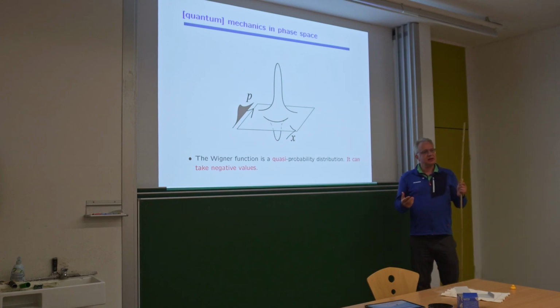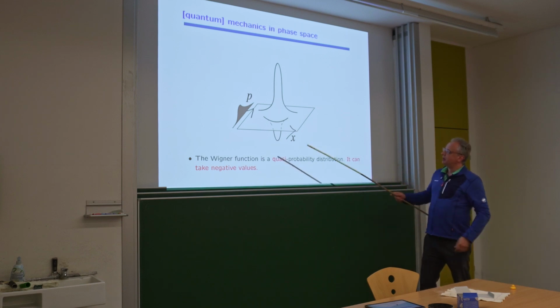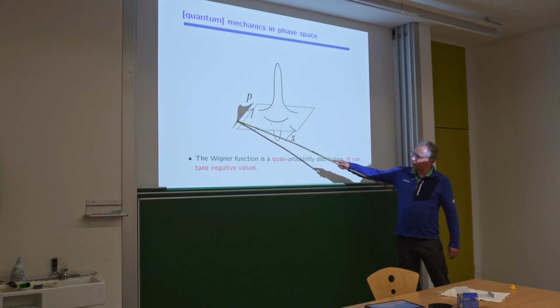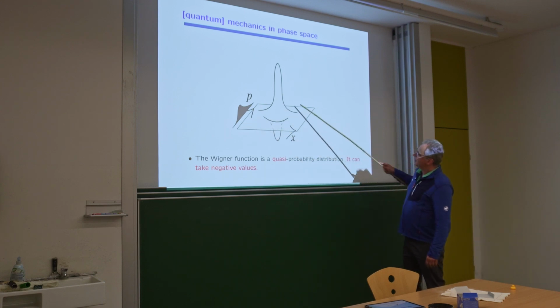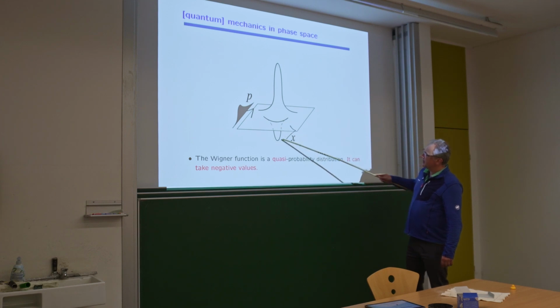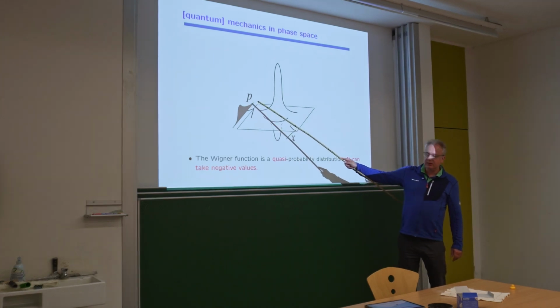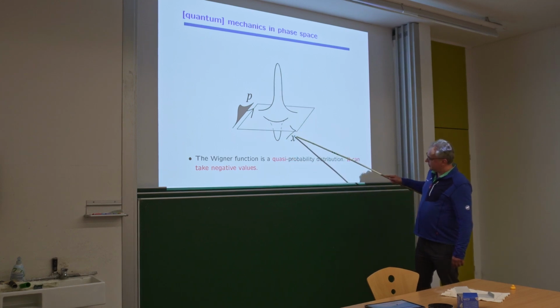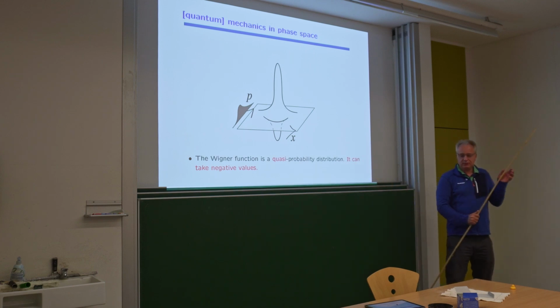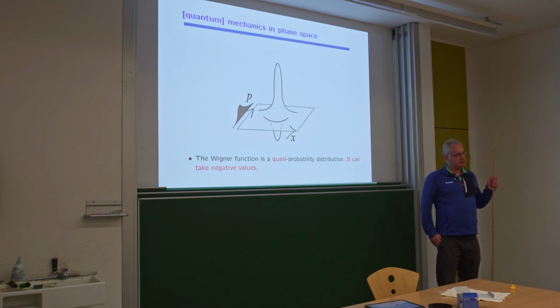That would then intuitively be the probability for finding the particle in a state with a certain momentum p. And even though the original object, the Wigner function, did dip below 0, these marginals will be fine. They will be proper probability distributions. This is for the marginal over position, so the momentum marginal is also true for the position marginal. All these will be proper probability distributions, exactly as you expected from quantum mechanics.